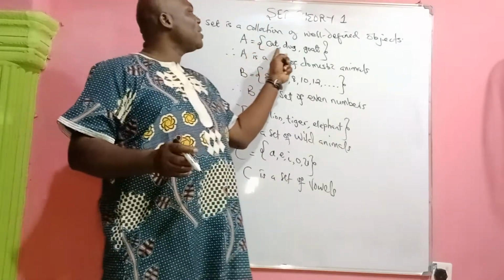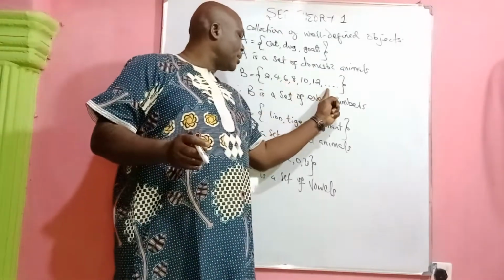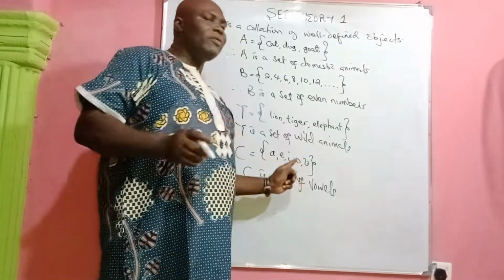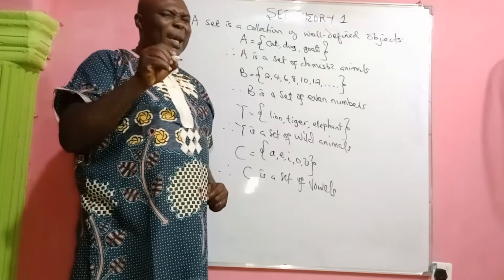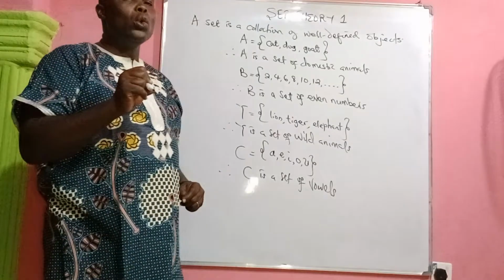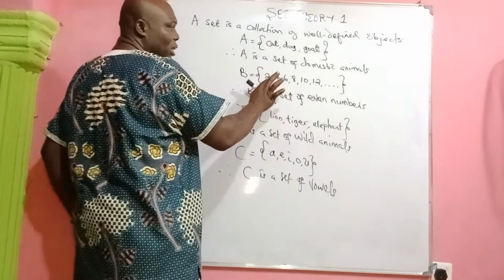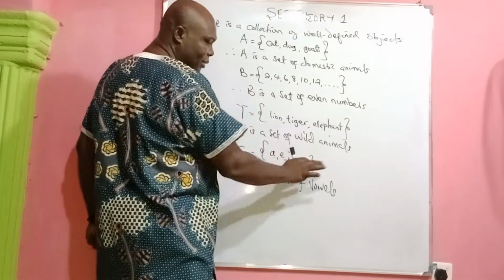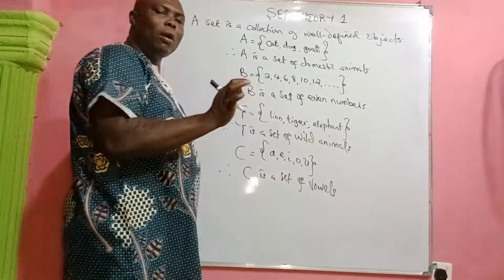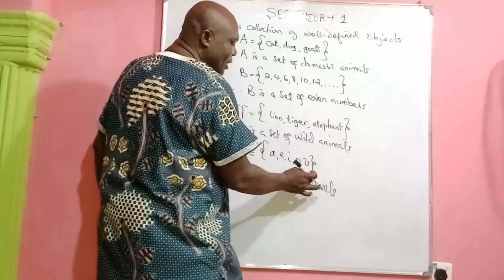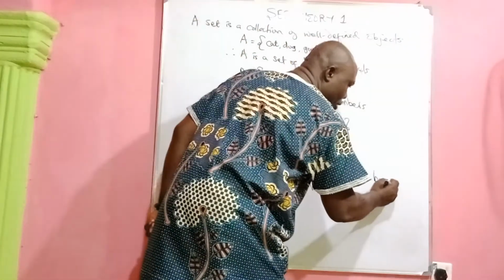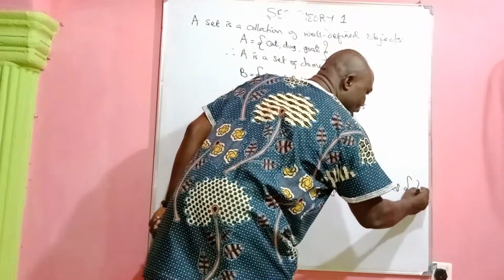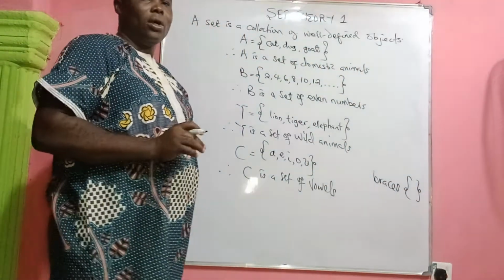However, the members or elements of the set are usually denoted with small letters, separated by commas and enclosed in braces. You see them denoted by small letters, and they are all separated with commas and then enclosed in this special bracket. We call it braces.